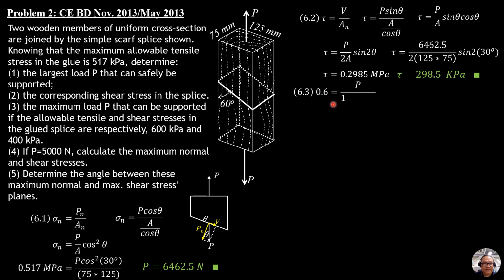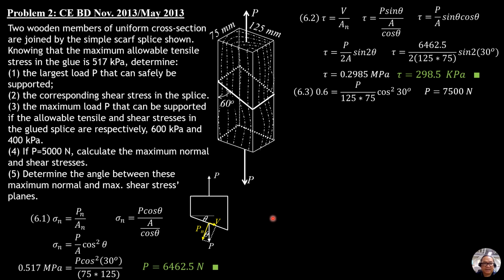So 0.6 equals P over area 125 by 75 times the cosine square of the angle 30 degrees. Solving for P, P is 7,500 newtons. Likewise, for shear stress, it is equal to 0.4 megapascals.